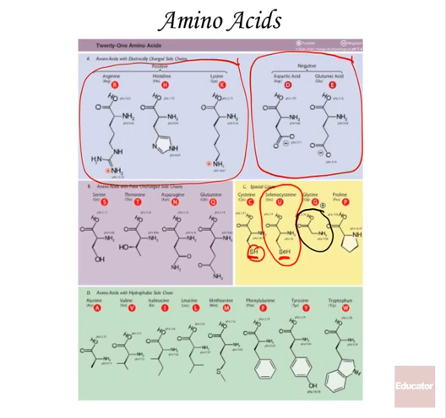And proline is a special case in that it actually has a secondary amine. So its R group is not free. It comes back and binds with the amine group. And we'll know this later, being able to call this a helix breaker.